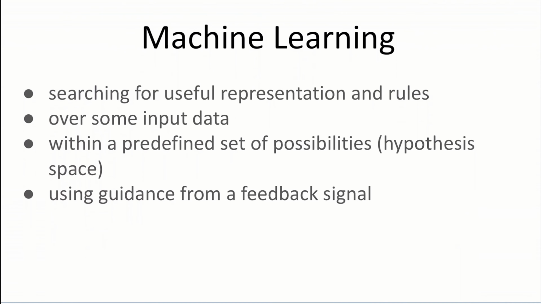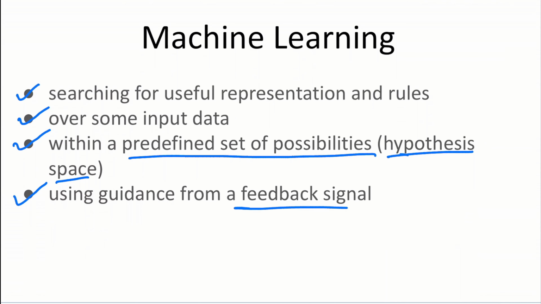So what machine learning does is it searches for useful representations and rules over some input data within a predefined set of possibilities, which is also known as the hypothesis space, and with guidance from a feedback signal. In our previous example, the predefined set of possibilities is the coordinates, and the guidance from a feedback signal is the score that you get in the end, the percentage accuracy, let's say.